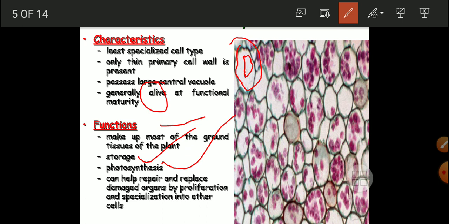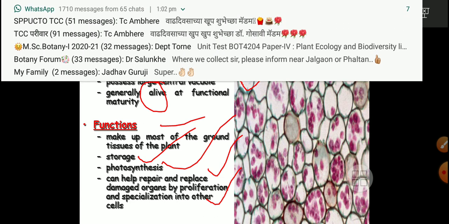They can also help in repairing and replacing damaged organs by proliferation and specializing into other cells. Keep in mind, this is the most important function of parenchyma. जेव्हा सेल डॅमेज होतात, त्यावेळेला त्या रिपेअर करण्याचं काम कोण करतं? पॅरेन्कायमा. Very interesting things are there that you have to keep in mind, and this is the structure of parenchyma.